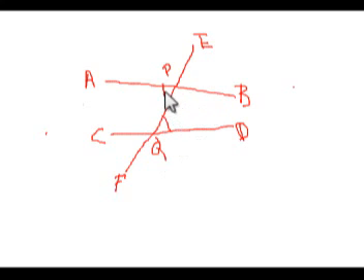These are called alternate angles: angle APQ and angle PQD. Both are alternate angles.